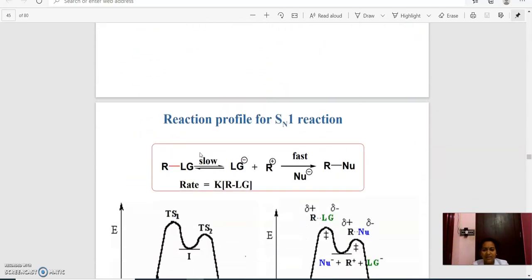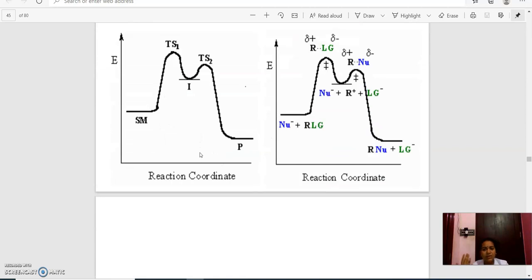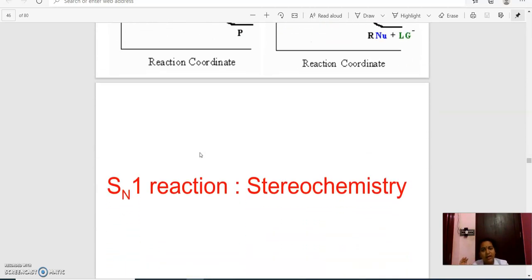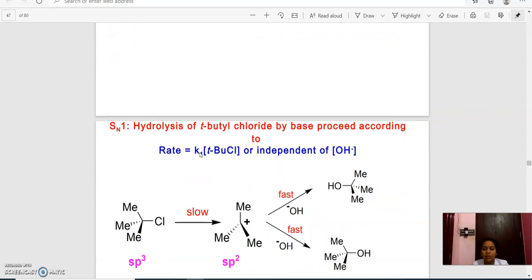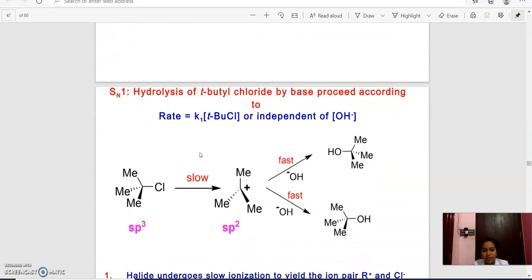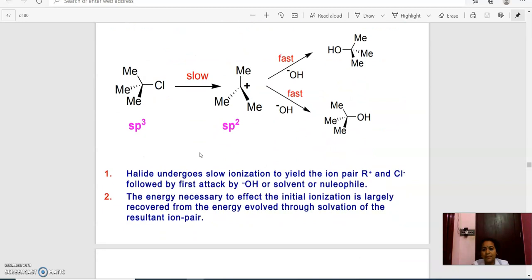We already discussed the kinetics, because it depends only on the substrate, not on the nucleophile. So here you can see the stereochemistry. It is our haloalkane. Here the first step is the slow step.